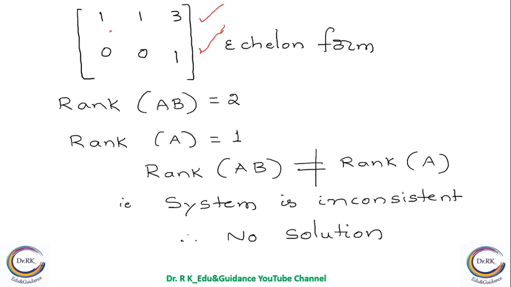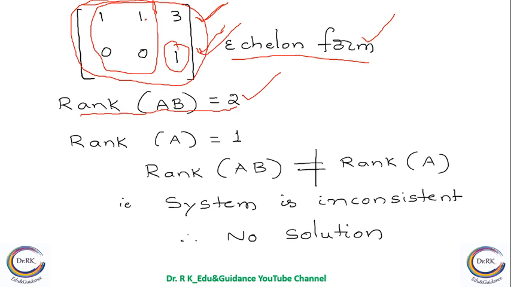Now this is 0, see what are the ranks. The augmented matrix rank is 2 and the coefficient matrix rank is 1. So then rank of AB is not equal to rank of A. That means, remembering the condition, the system is inconsistent. That means there won't be any solution for this.